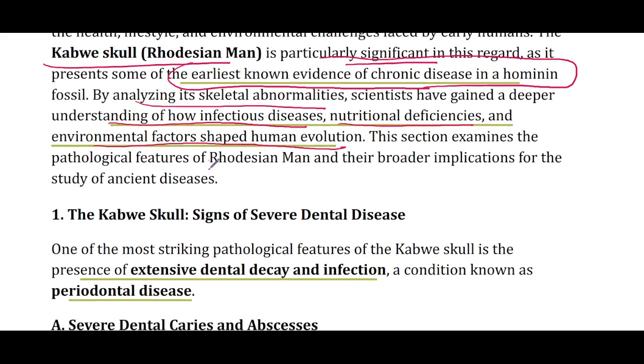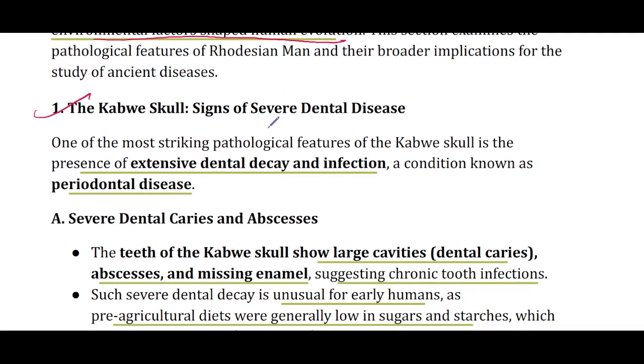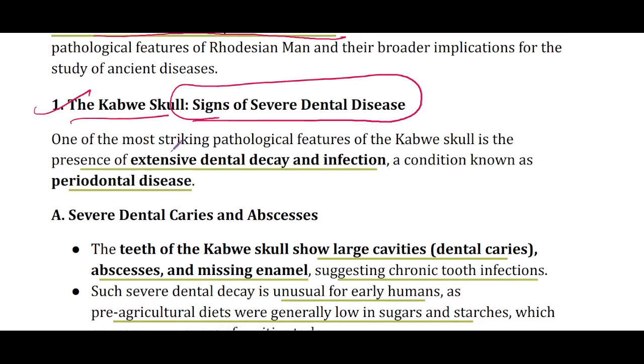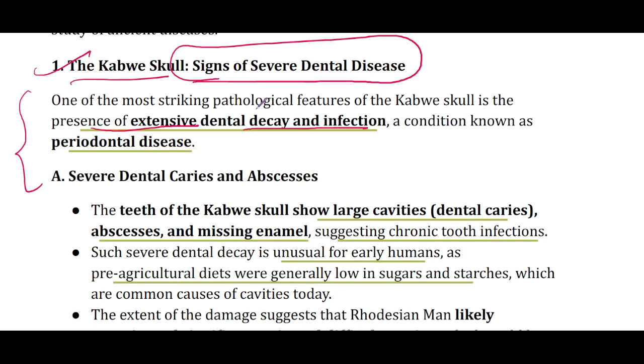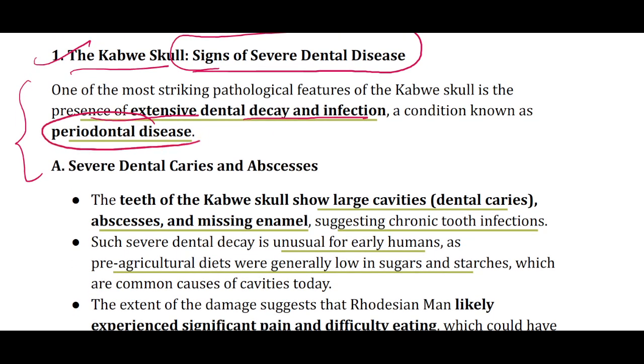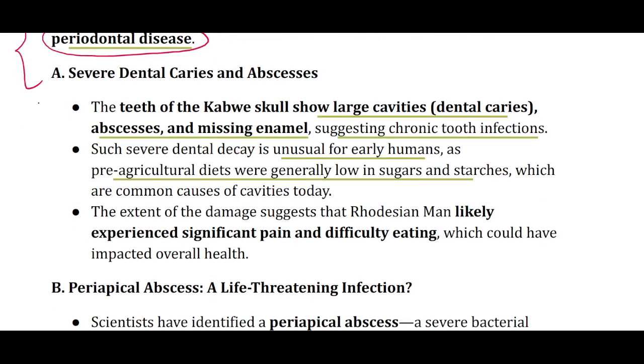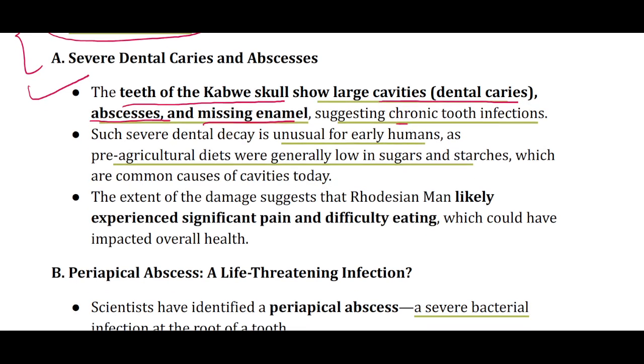So, the signs of severe dental disease in the Kabwe skull: the presence of extensive dental decay and infection, the condition known as periodontal disease. The teeth of the Kabwe skull show large cavities, dental caries, abscesses, and missing enamel that suggest chronic tooth infection.